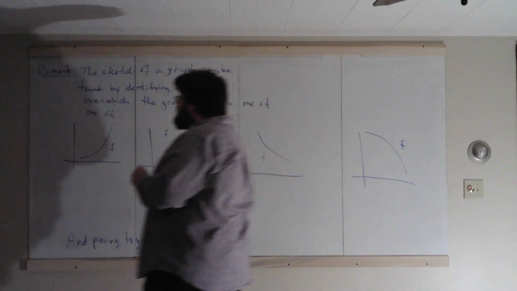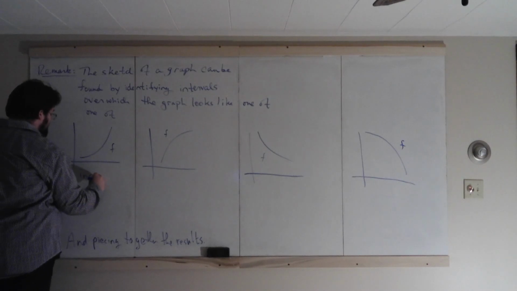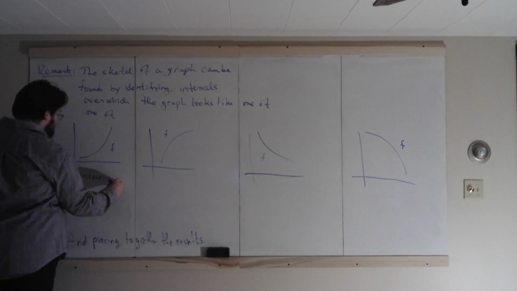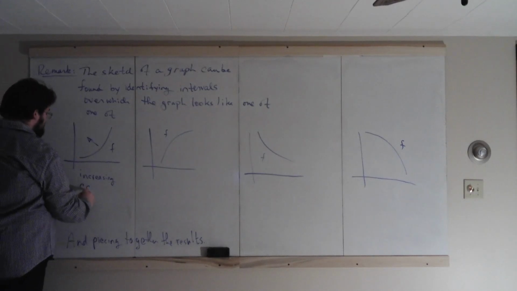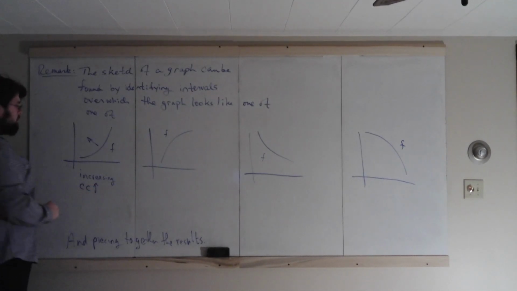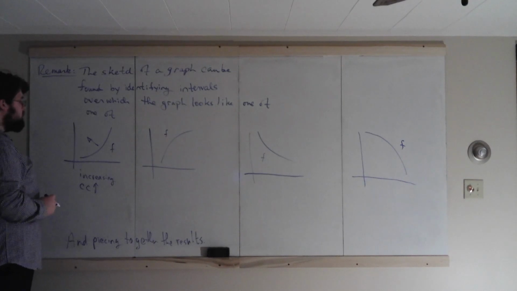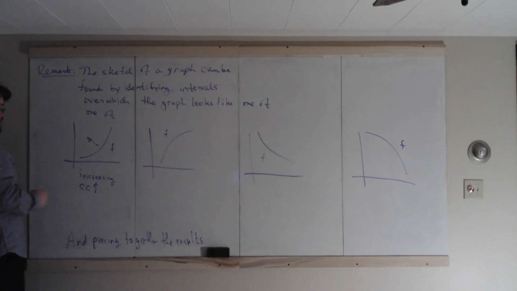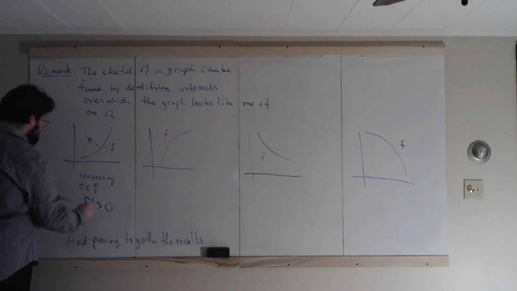So this one here, it's going up. So it's increasing. The caved portion points up. So it's concave up. Well, those are words. In calculus, sometimes words aren't as descriptive as derivative results. Increasing, first derivative is positive.